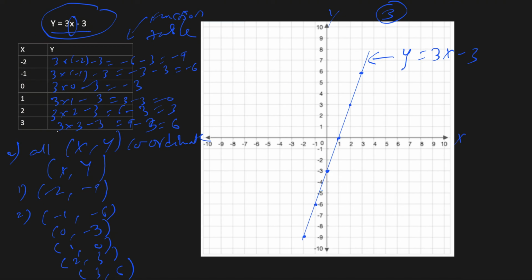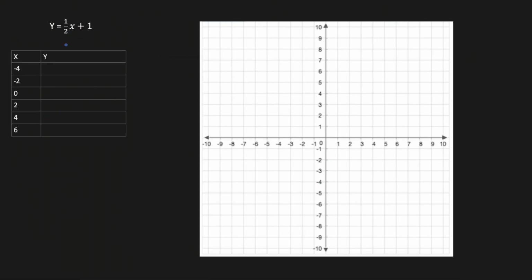Cool. Let's look at the second example, which is y equals half x plus 1. Now since x is multiplied by half, I chose numbers that are divisible by 2 to make the math easy.